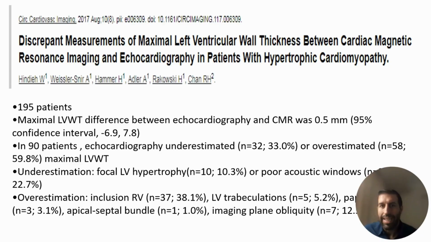Indeed, in some situations, LV wall thickness measurements can be underestimated by echocardiography compared to CMR, particularly when hypertrophy is confined to the anterolateral wall, apex, and posterior septum, which are regions of the LV wall in which focal areas of increased wall thickness can be echo silent. And this paper identified this discrepancy.